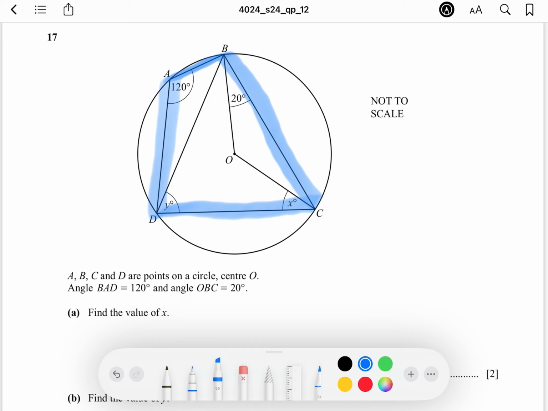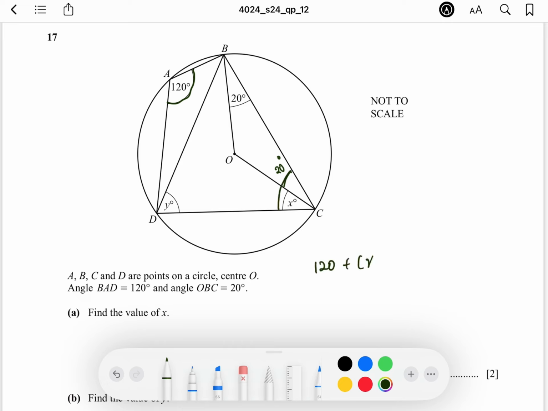So does all those discussion help? Sort of. Because of this isosceles triangle, that means ini 20. And because this is cyclic quadrilateral, that means 120 plus the opposite angle equals to 180.